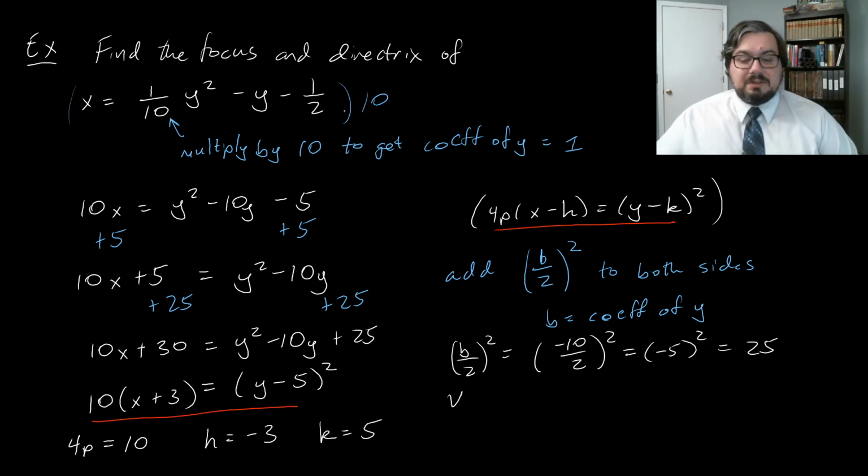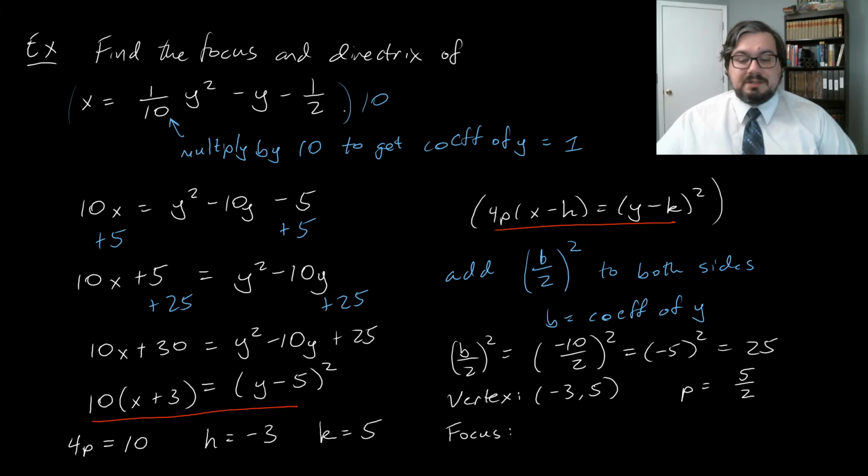So this tells us that the vertex of this parabola is at the point negative 3, 5. Furthermore, if we solve for p, we get that p is equal to 5/2.